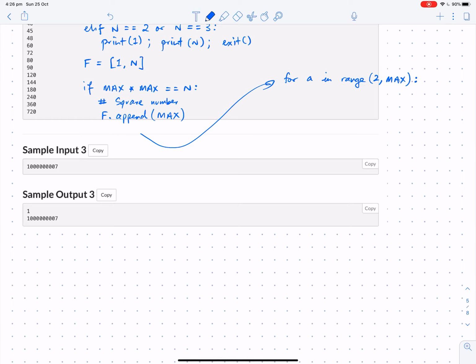So I don't want to include it again. So now if n mod a is 0, so if we have a factor, we go f dot append a, and we also put in its factor pair, f dot append n double divide a.